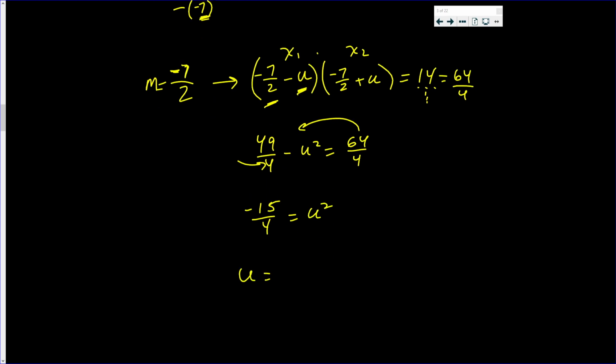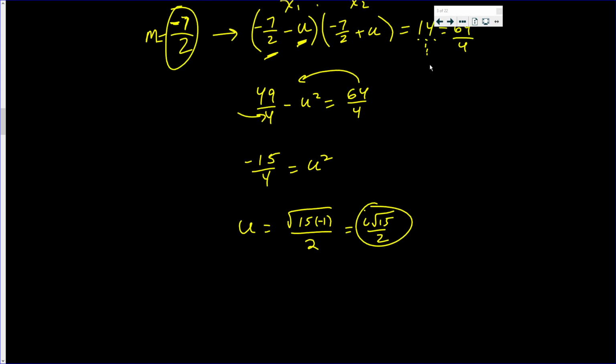So u is the square root of 15 times negative 1 over the square root of 4. So you get the square root of negative 1 times the square root of 15. That's u. And the midpoint is negative 7 over 2. So one root is negative 7 over 2 minus i square root of 15.